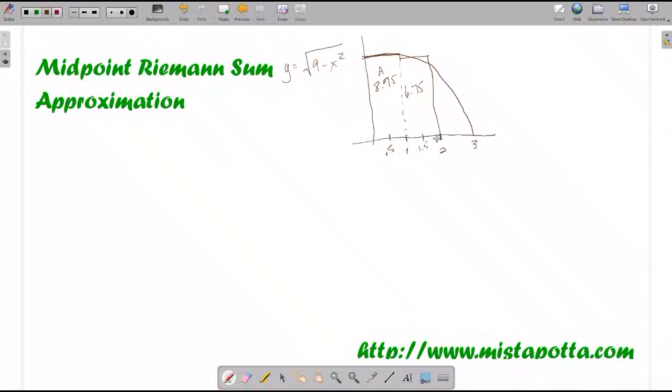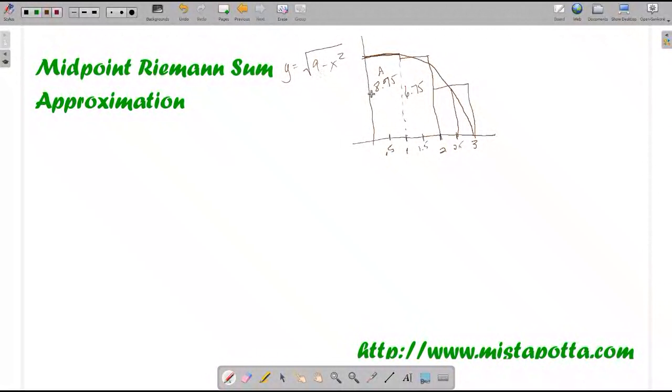And when I look at this from 2 to 3, I'm going to take a look at 2.5. And my area is going to be determined by this height. And so if I take 9 minus 6.25, I've got 2.75.